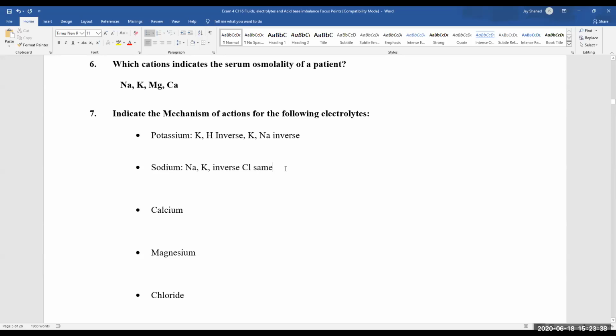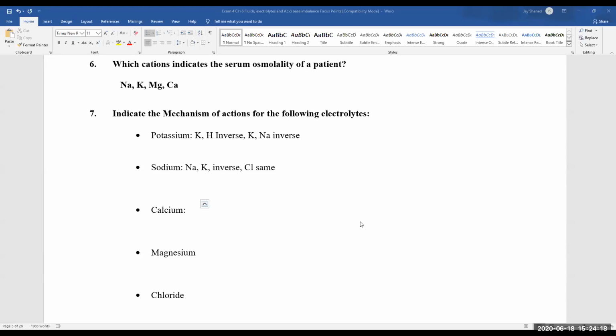Is it not calcium that goes with sodium? Calcium goes opposite of sodium. So it depends. So calcium, what does it go with? Let's look at the chart. I think I have a chart somewhere here. I thought calcium and sodium were similar. Isn't it calcium and magnesium that move the same?